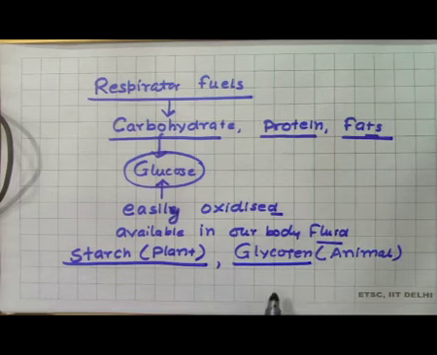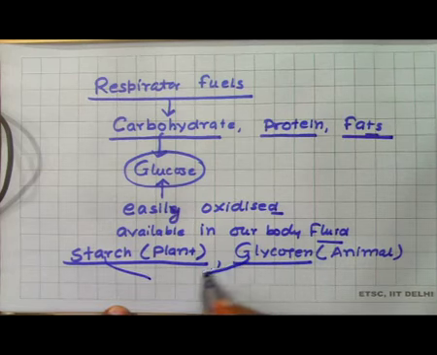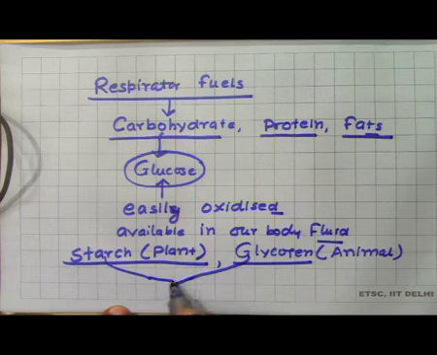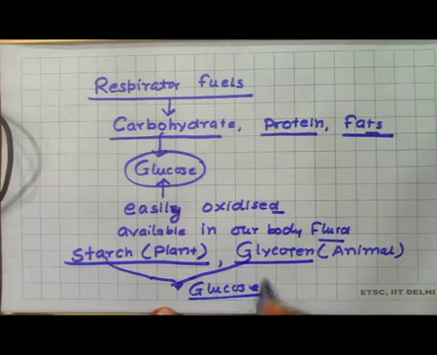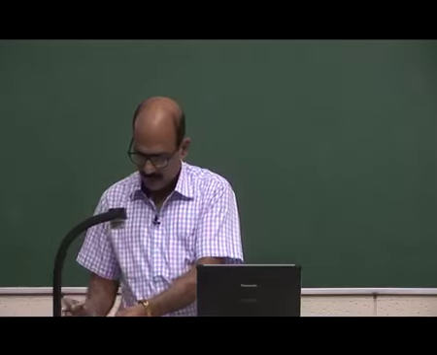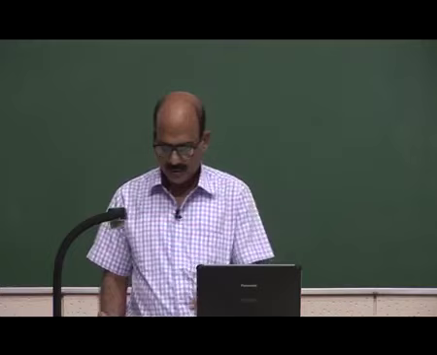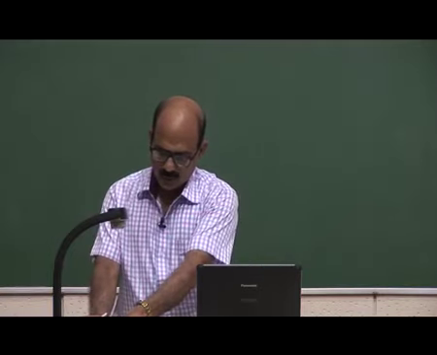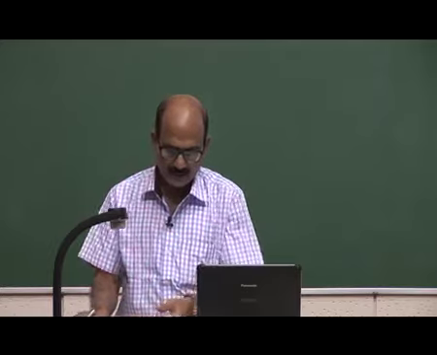When glucose is not available for oxidation or cellular respiration, this starch and glycogen are broken down by a biochemical process and further converted into glucose, and then cellular respiration takes place. So, the main respiratory fuel is the glucose molecule, which is used in all living organisms, that is plants and animals.